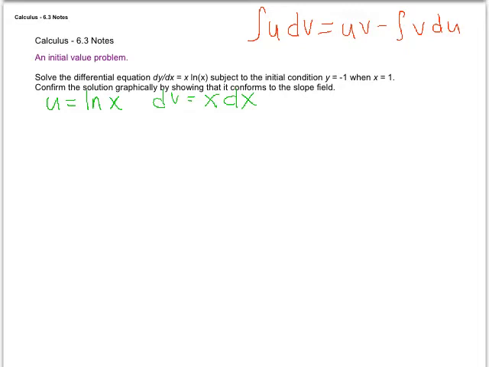Let's watch this, because usually what we would want to do is let u equal x, because x eventually goes away, and we would then allow for dv to be the natural log of x dx. But watch what happens in this problem. This is a little bit different. So when we integrate this guy, here's what we end up with: u times v.